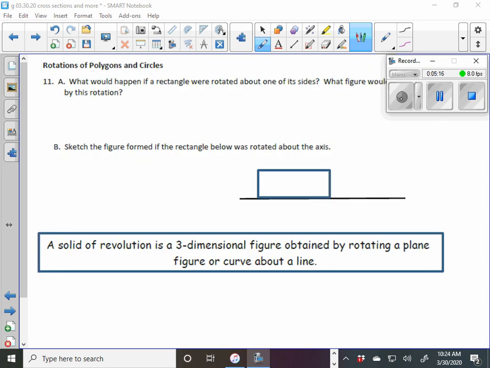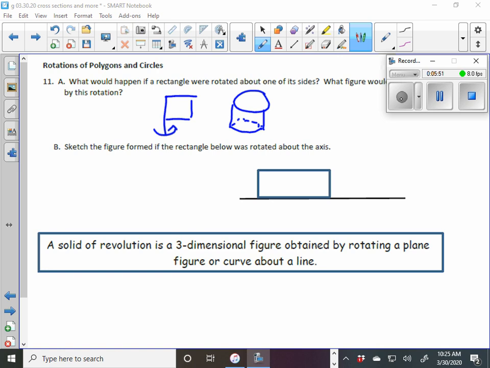Okay, this is an interesting concept that ultimately will lead to calculus. So this is why they're introducing this. So you have to imagine here a toothpick with a post-it put on the toothpick. And as you spin this around, visually, you will end up with a solid, and it looks a little bit like a cylinder, okay, when you spin that around.